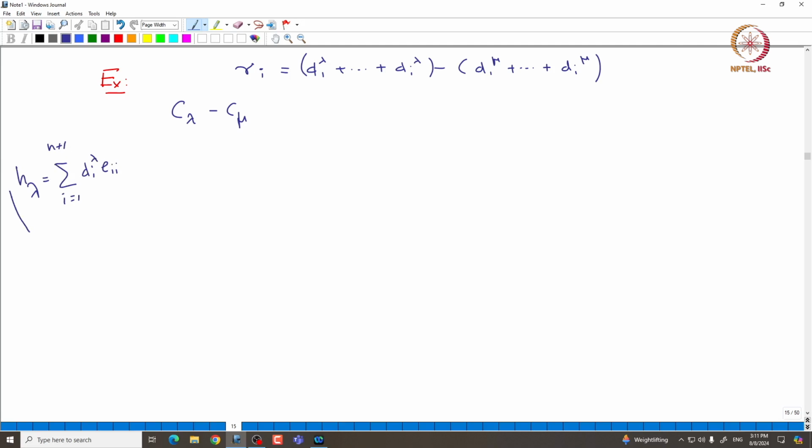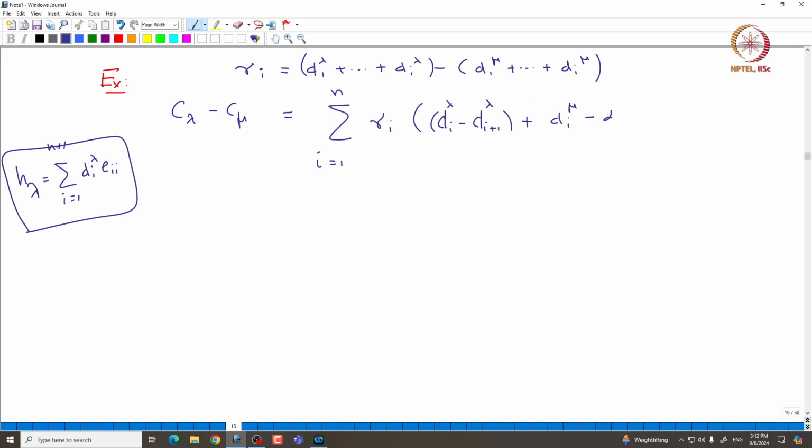So, then if you use this notation, then C lambda minus C mu is nothing but summation gamma i, i ranging from 1 to n, times C i minus C i plus 1, plus Di lambda minus Di plus 1 lambda plus Di mu minus Di plus 1 mu, plus 2. So, this is what you get.